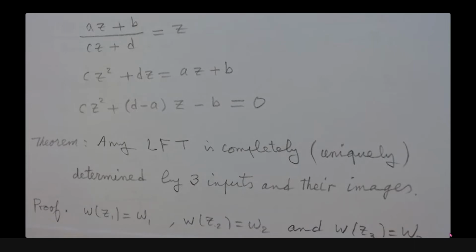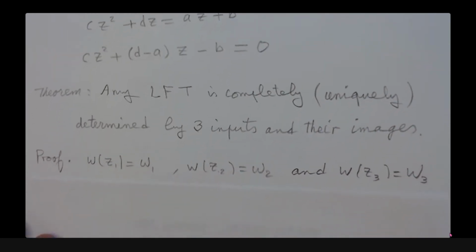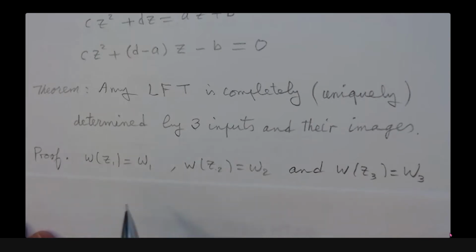Here is the proof, a little justification for this fact that 3 points, Z1, Z2, Z3, and their images, W1, W2, W3, will uniquely determine that linear fractional transformation, right? And here's why.